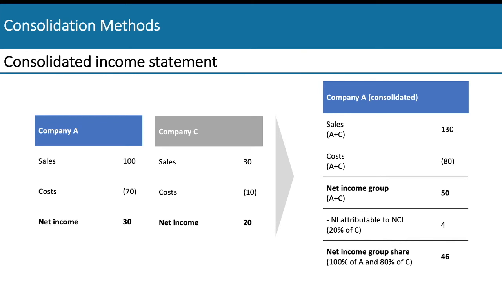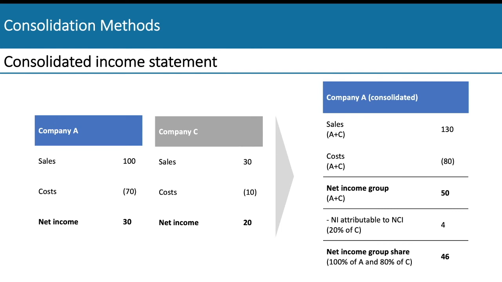Now this is where it gets interesting. Now you have to subtract out the net income which is attributable to the non-controlling interest, because your company records 50 in sales, but actually the way to think about it is that you only really have right for 80% of this, because you're only owning 80%.